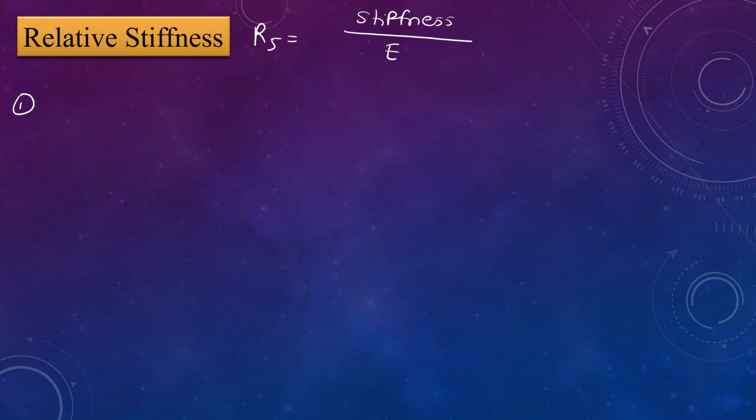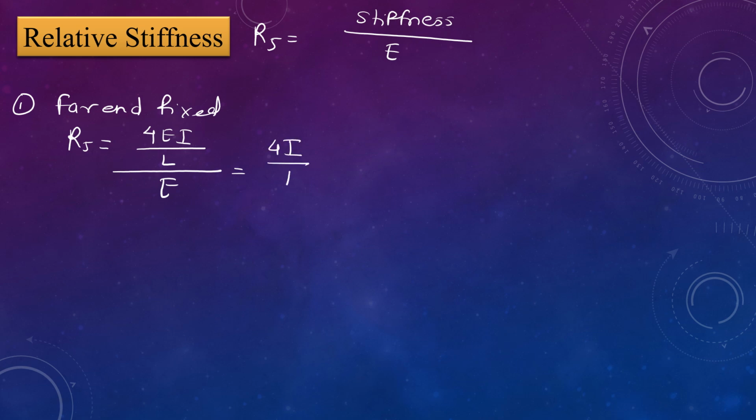In that first condition, if far end is fixed, then the relative stiffness is equal to the stiffness 4EI by L divided by Young's modulus. Then the value of relative stiffness for far end fixed is 4I by L. Then second, far end is hinge or roller.